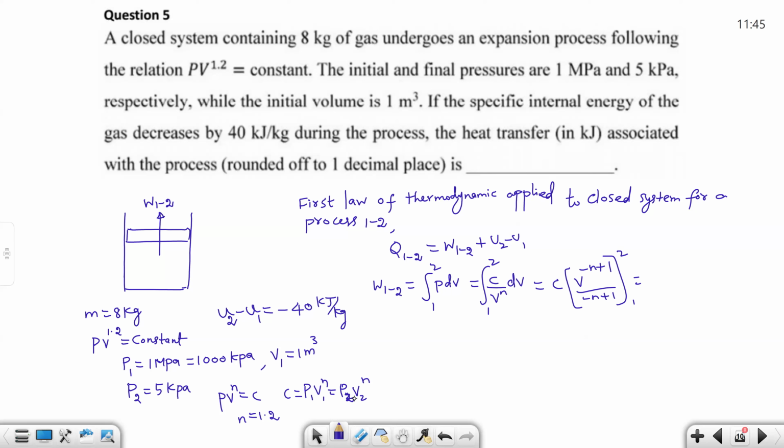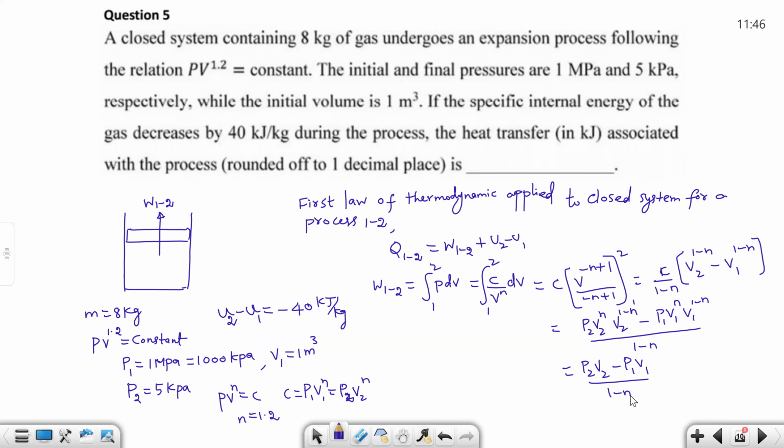This gives 1 by 1 minus n times C, V2 power 1 minus n minus V1 power 1 minus n, which becomes P2 V2 minus P1 V1 over 1 minus n.